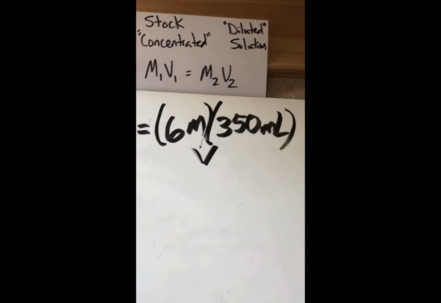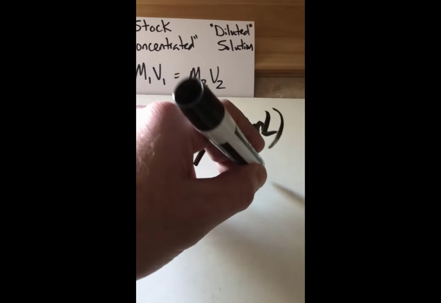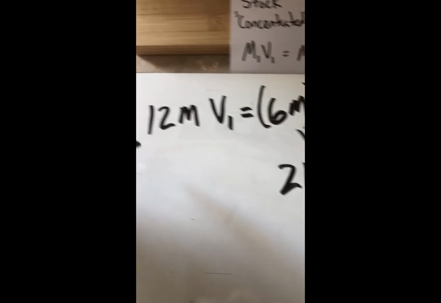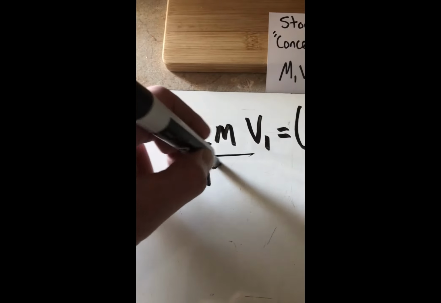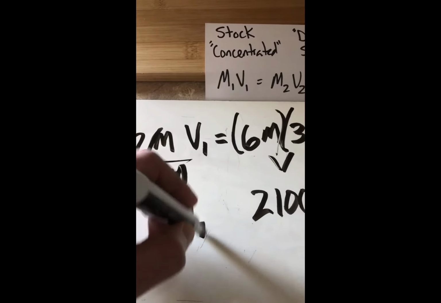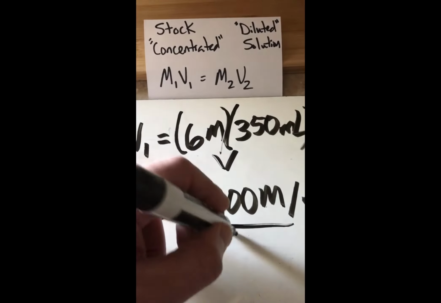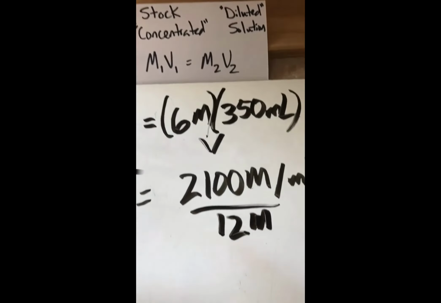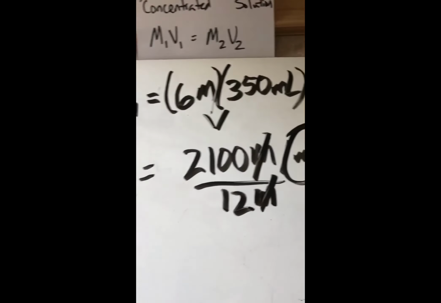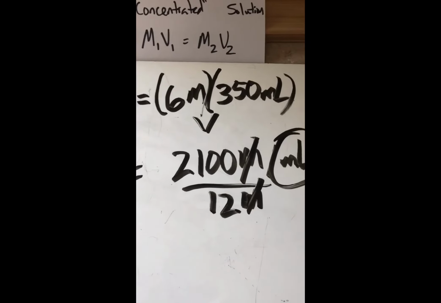We multiply that, and that's 2100. That's molar times milliliters. Now to solve for V1, we need to divide by 12 molar. Those cancel. When we do this to one side, we've got to do it to the other. I'm writing the units so that we know what we're solving for when we're done. I know my answer is going to be in milliliters.